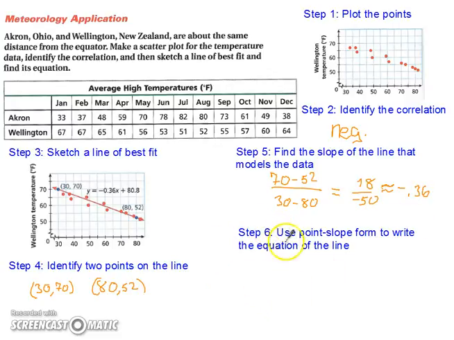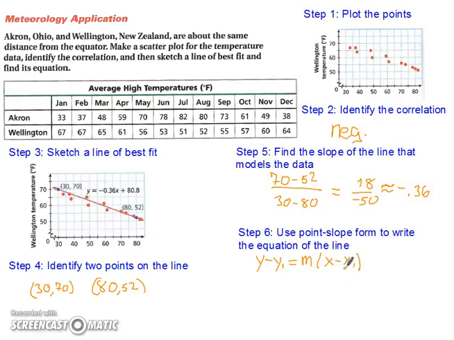Alright, so step 6. Use point-slope form to write the equation of the line. I'll accept either using your 18 over negative 50 or your negative 0.36. The equation for point-slope form, if we recall, is y minus y1 equals m times x minus x1.